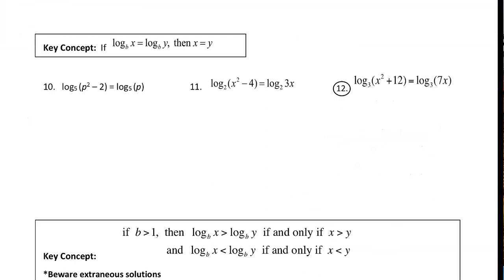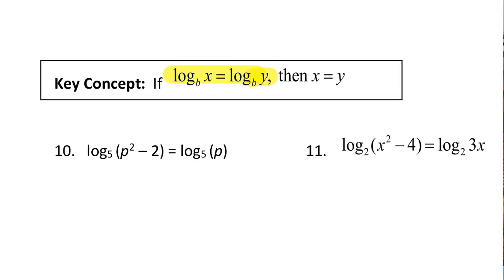Our key concept is if you have log base b of x equals log base b of y, that would be the exact same thing as just stating x equals y. That's because if we raised both of them with a base of b, the log base b and the base of b would cancel, and you'd just be left with x equals y.